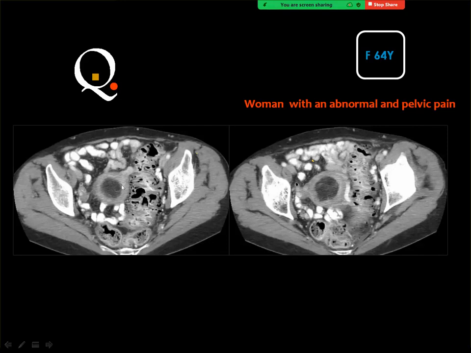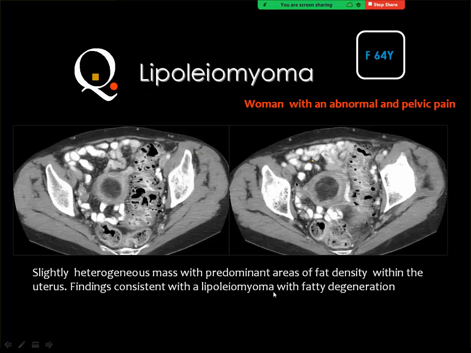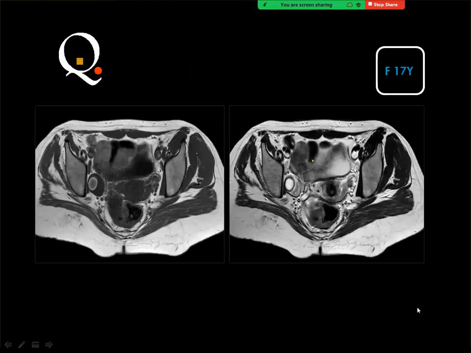Inside the uterus, you got a mass made of fat, and you know that one of the ways of degeneration in the fibroid uterus is fatty degeneration, and this is leiomyoma. Next case.